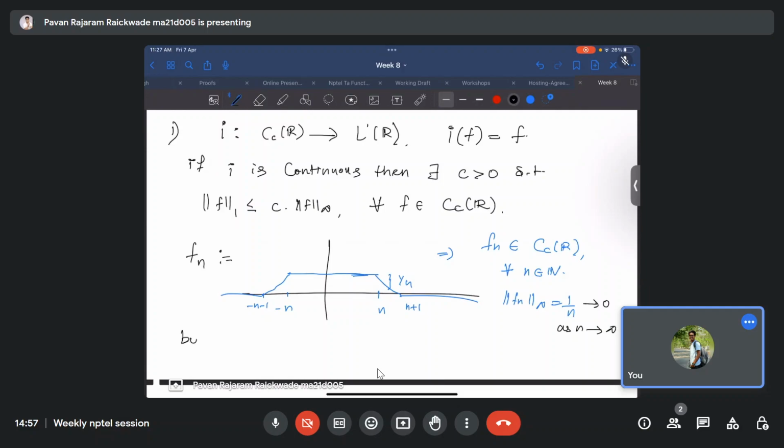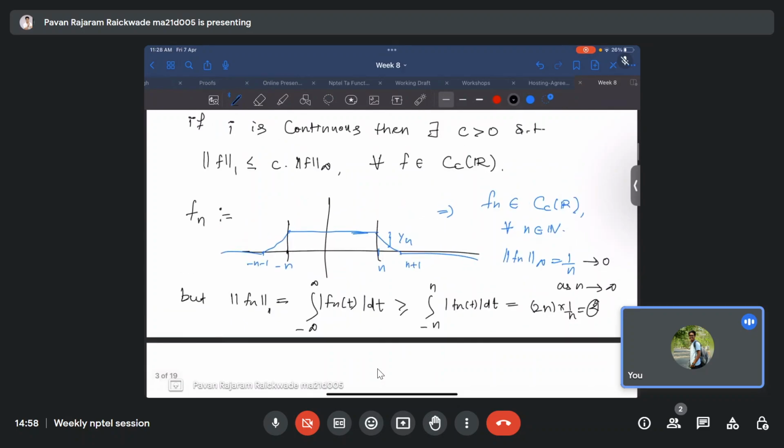But if we calculate the L1 norm of f_n, which is just the integral, this is greater than or equal to the integral in this region, which is a rectangle with a base of 2n and a height of 1 by n, which is 2. So the L1 norm is always greater than or equal to 2, but the infinity norm goes to 0.